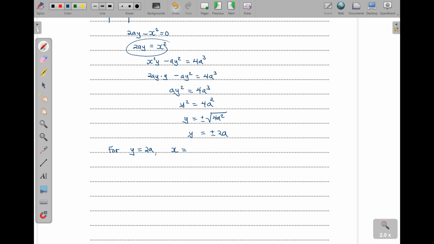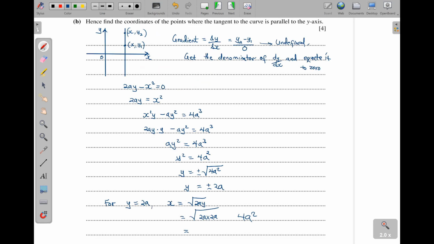X is going to be the square root of 2ay. So we put the square root of 2a times 2a. This one is going to be, of course, 2a, because you have 4a squared there, and the root of that will be 2a.